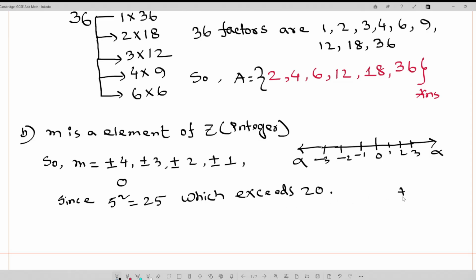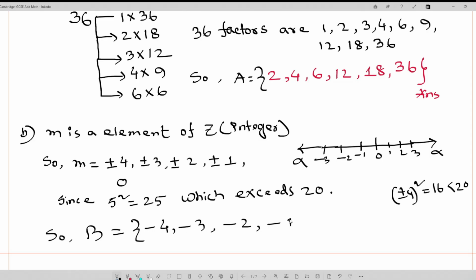Because ±4 squared is 16, which is less than 20, right? So our set B equals what? -4, -3, -2, -1, 0, 1, 2, 3, 4, and this is our answer.